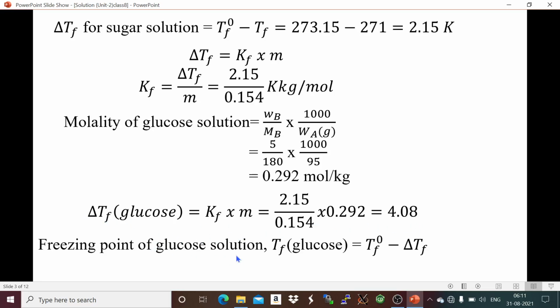So now we can find out the freezing point of glucose solution, that is TF of glucose. It is TF naught minus delta TF. So 273.15 minus 4.08, it is 269.07 Kelvin. So this is the value of freezing point of glucose. Okay.